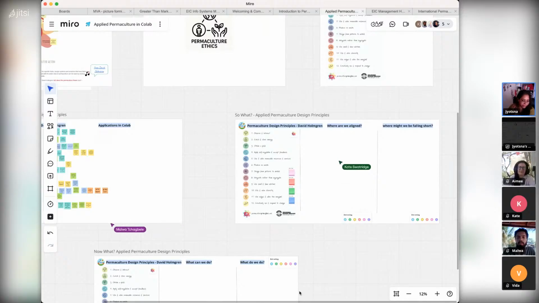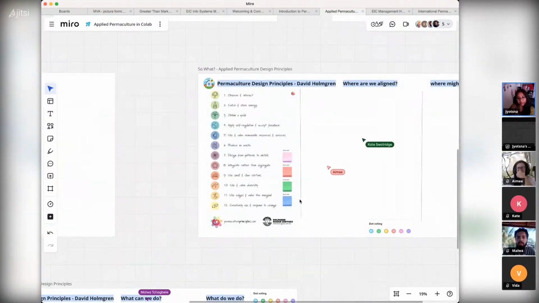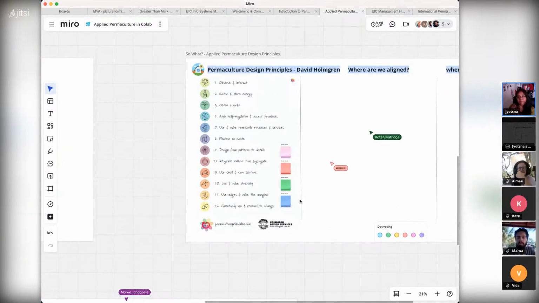That is a little bit of an extension of when we see the gaps. But for now, let's focus on that column. Where are we aligned? Please look back and forth between the what and the zoomed out lens, and then start thinking about these principles. Where are we aligned in principle one?